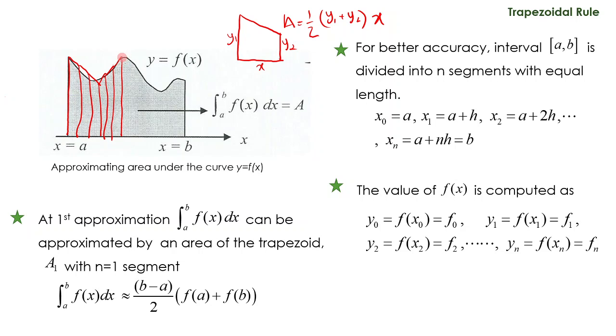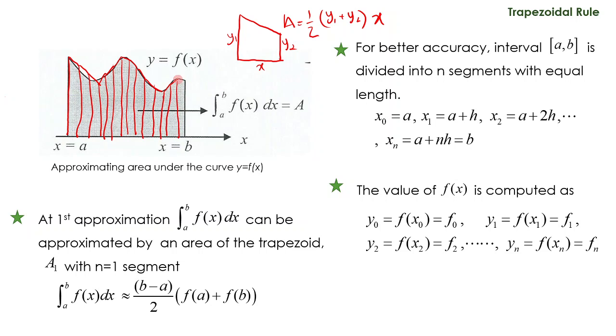From here we can see that the more the segments, the more accurate it is. I don't know how many segments I drew, but the most important thing is that the length of each segment must be equal.